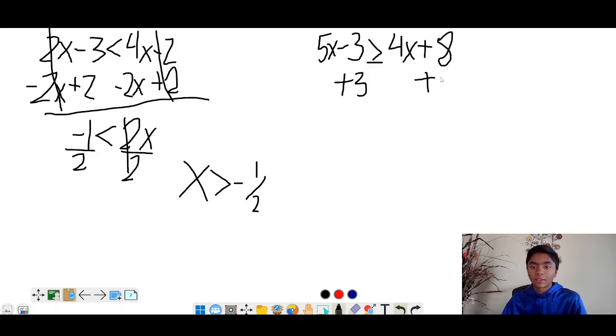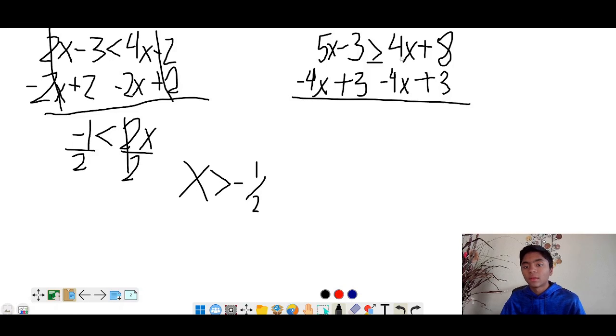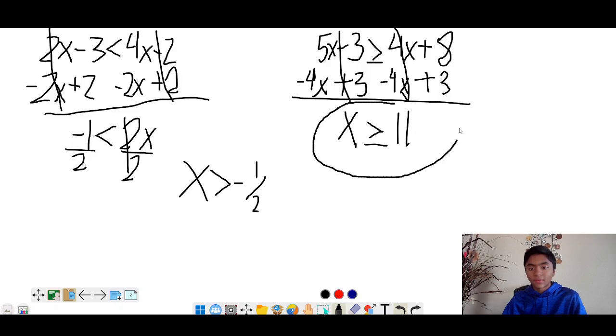That way we can cancel out the 3 on the left side. And then subtract 4x from both sides as well, so that we can have all the x's on only the left side. And so then positive 4x, negative 4x cancels out. Negative 3, positive 3 cancels out. 5x and minus 4x, that's just x, which is greater than or equal to 11. And this is our final answer.